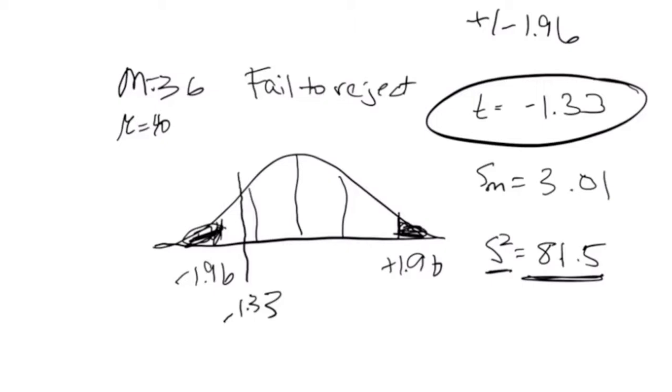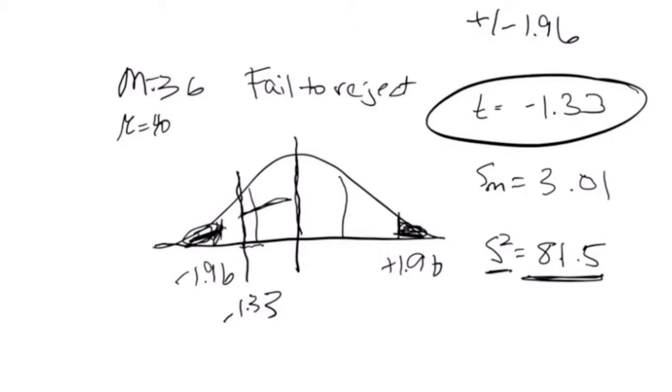There is no difference. The mean in the population is here, our sample mean is here, but what we're saying is it's not so unusual to find our sample mean in the distribution of all possible sample means. And so we say that any difference that we're seeing here is probably just sampling error.